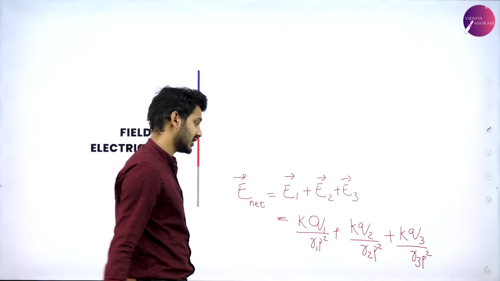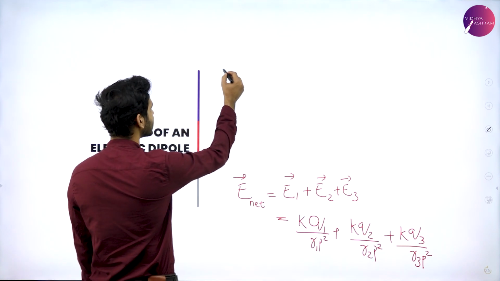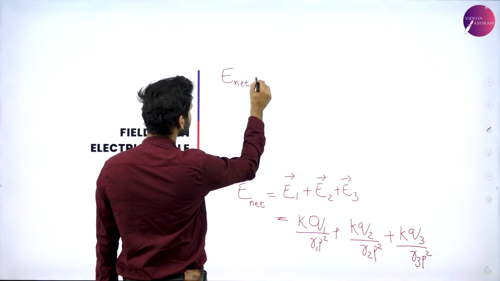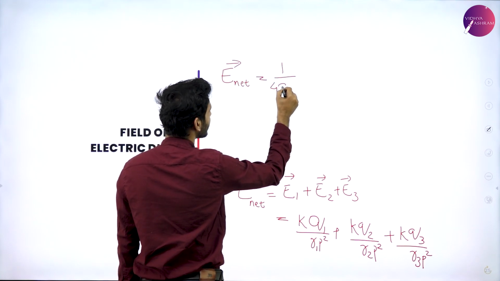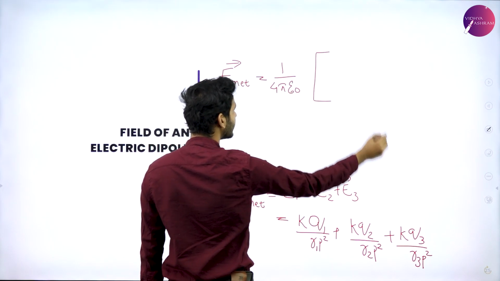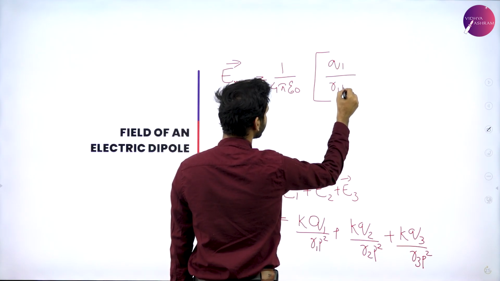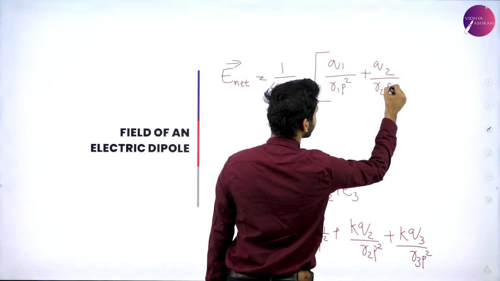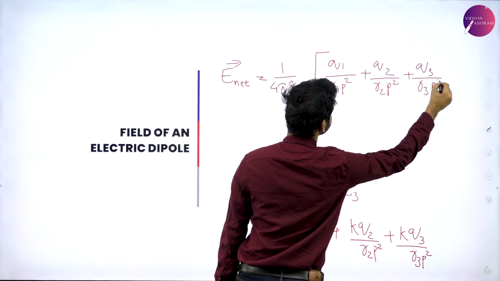So now we only have 3 charges, and if you look here, we have K as a common factor in all of this, and K is nothing but 1 by 4 pi epsilon naught. So E net is equal to, we'll take the K out, which is 1 by 4 pi epsilon naught, and then the remaining things are put in a bracket, that is Q1 by R1P square plus Q2 by R2P square and Q3 by R3P square.